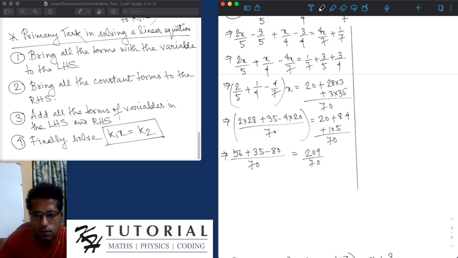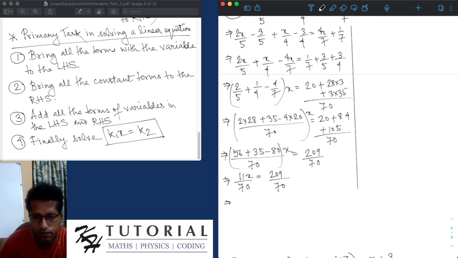And this implies, if we further simplify the LHS, it is 91 minus 80, which is 11, by 70, equals 209. Sorry, there was an x in the LHS. So 11x by 70 is 209 by 70.